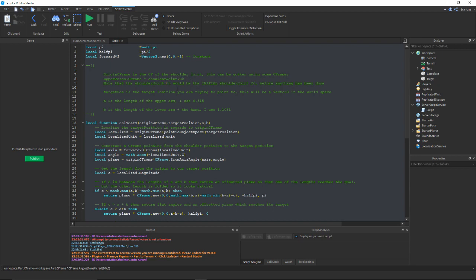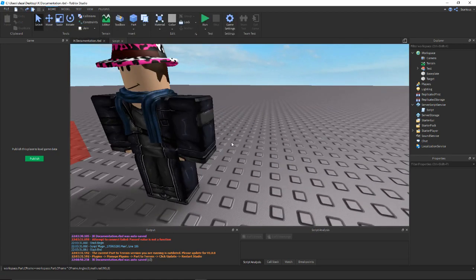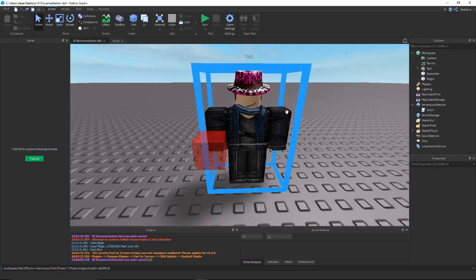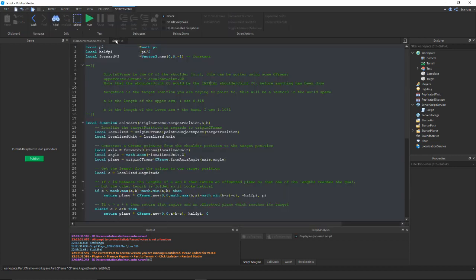The shoulder joint C0 should only be the initial shoulder joint .C0 before anything has been done to it. So when it's just sitting straight, which is basically just like this. This is when it's in its initial state. No animations or anything have been run on it.